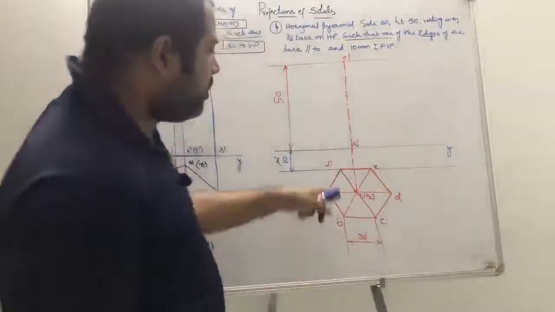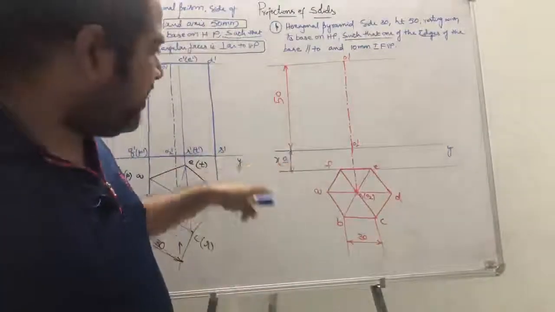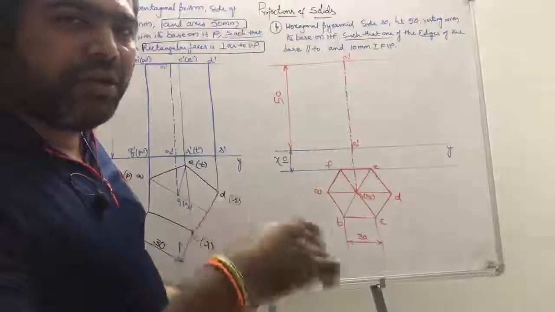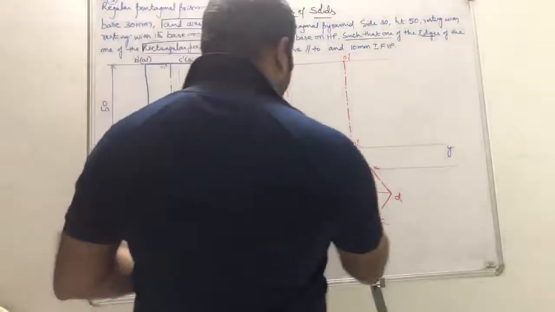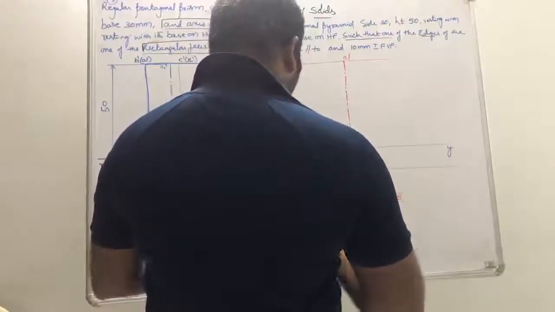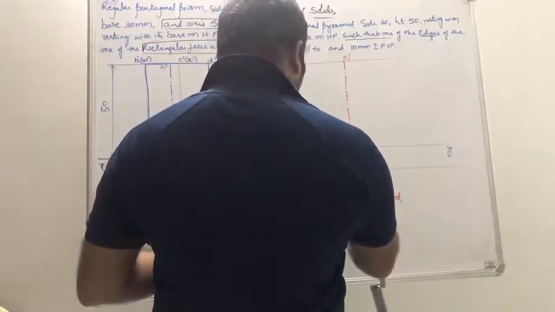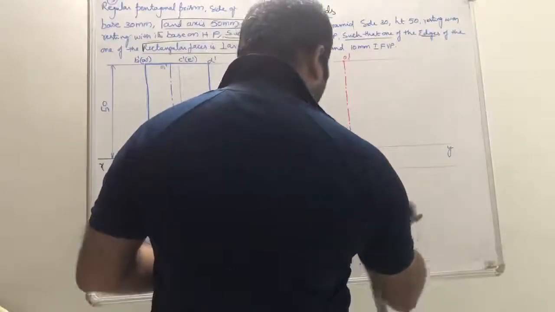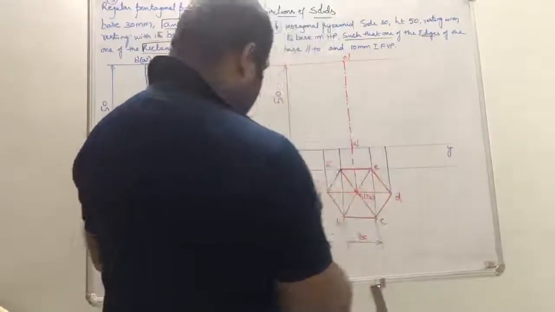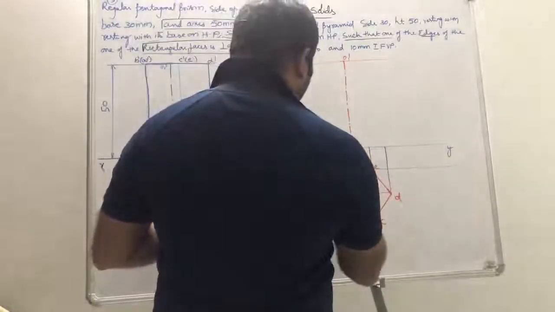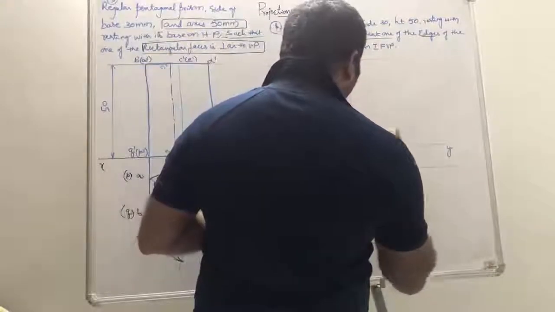Now project all the points to XY. Why? Because all the points of the base are going to be on XY. These are the vertical projectors from all the points that will meet on XY. Now, if you join all the points, you obtain the base.